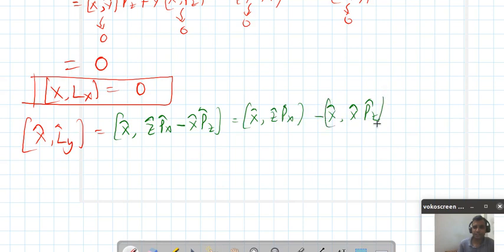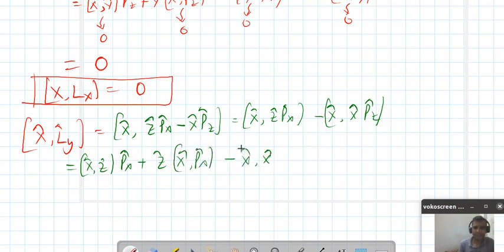Now let me try to modify it. So it is xz and it is px plus z, it is xpx, minus xx, it is pz minus xx and pz, right?